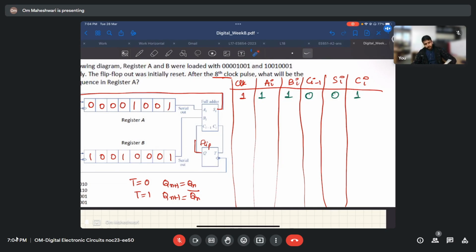Now in the second cycle, since CI is 1 now, in the next cycle this will toggle. It toggles, that means this flips, right? It means T equals 1, it will flip this CI. CI is Q.